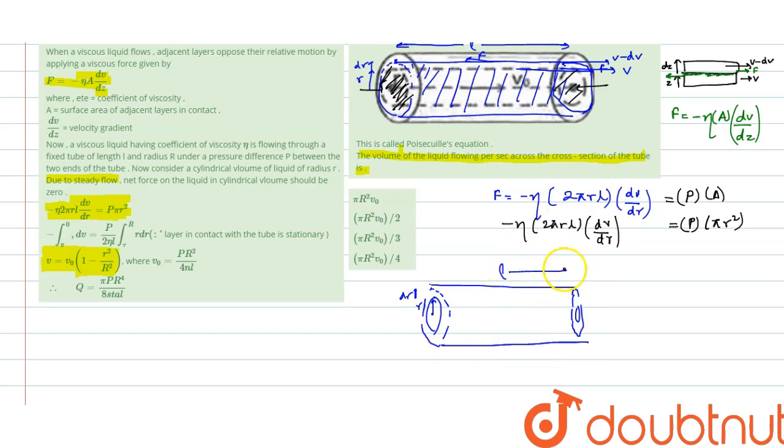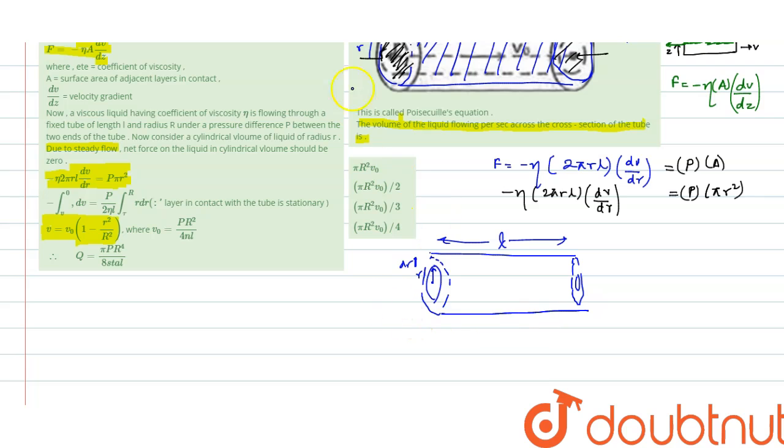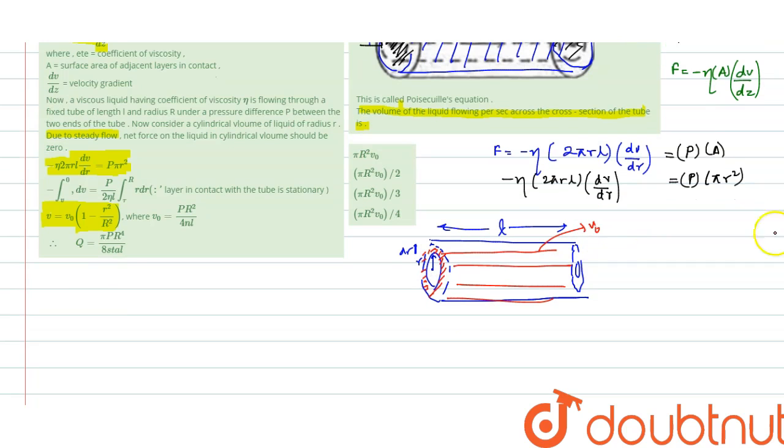The length is L. Therefore, we can say that the total volume flow rate will be the total area, this, multiplied by the velocity at this radius V0.